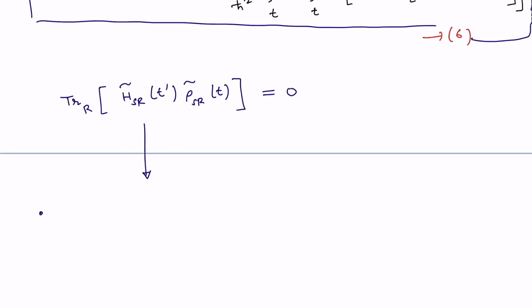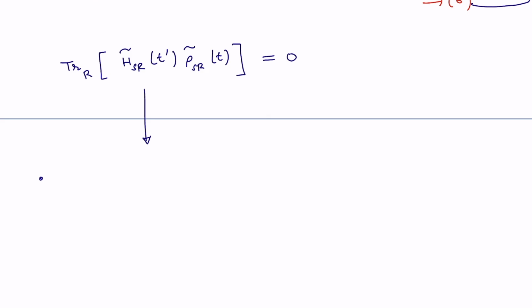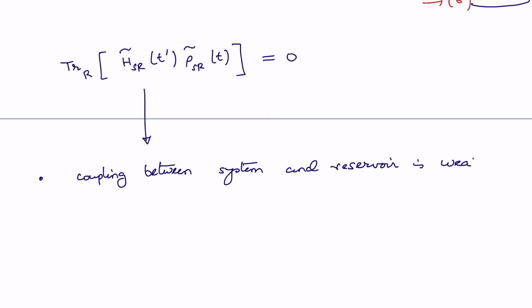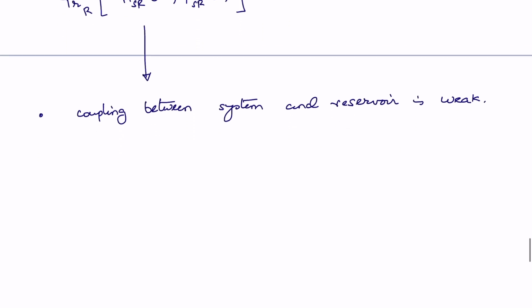First of all, as I already told you, the coupling between the system and the reservoir is weak. This is because the reservoir is a very large and complex system, and also because the interaction between the system and the reservoir is weak.